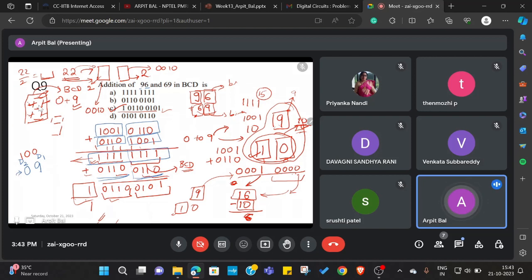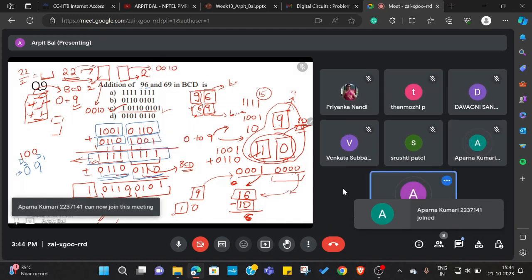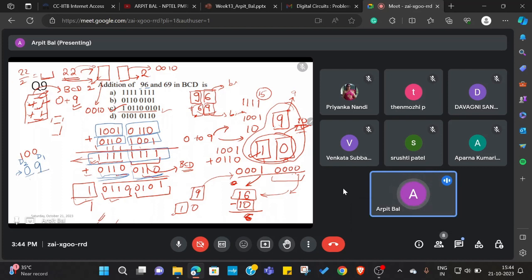So I was giving the reason why we need to add +6. Let us say that in BCD 09 is possible, and if we want to move from 09 to 10, 09 will be 0000 1001, and this will be 1 and all zeros.